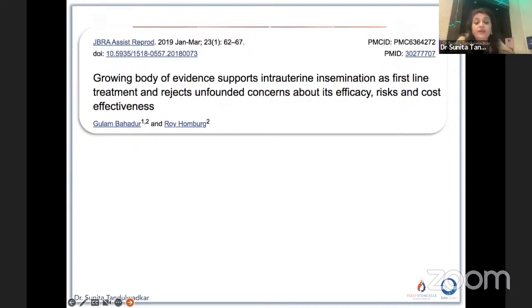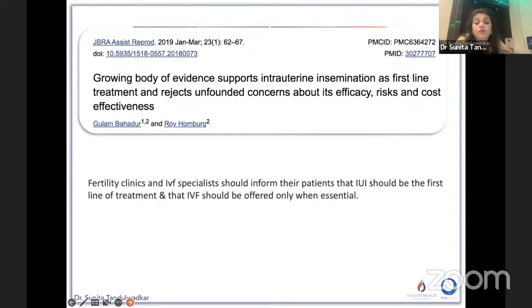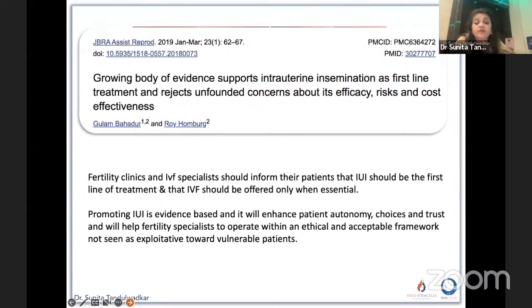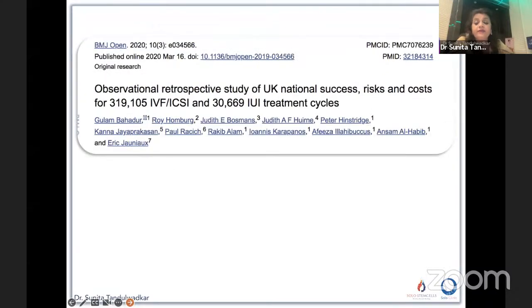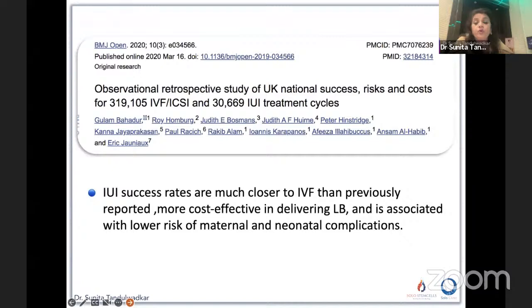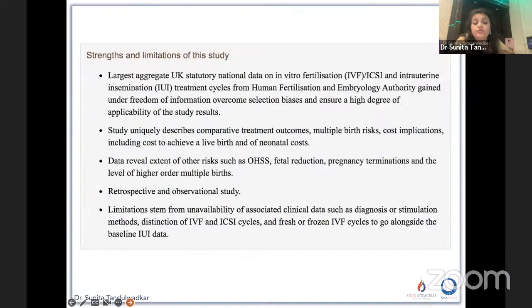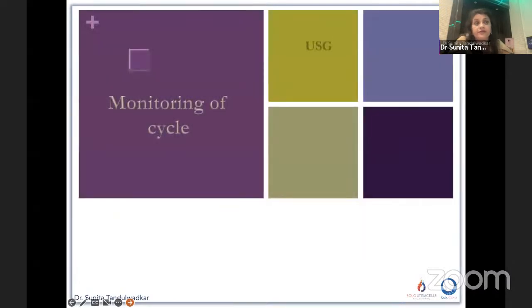So all this we have covered in the last session, and the growing evidence tells us, including the Roy handbook, that IUI has its own place. IUI has become more cost effective, and we should be doing it before we go for IVF.